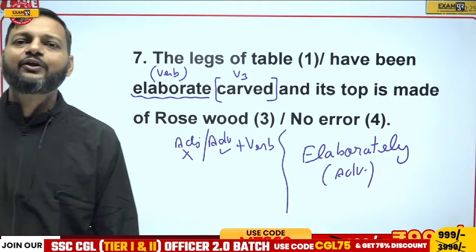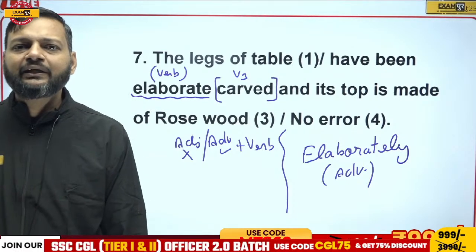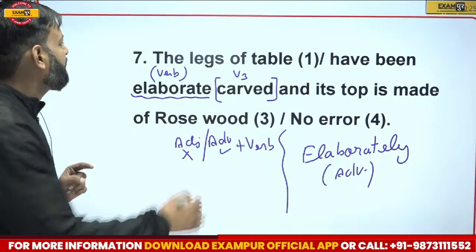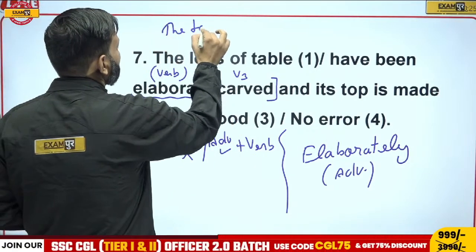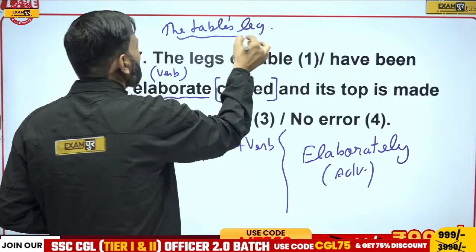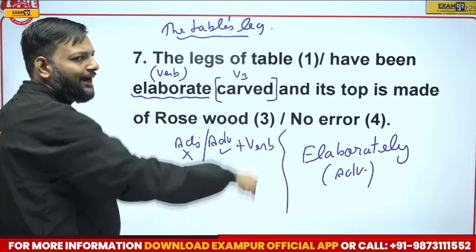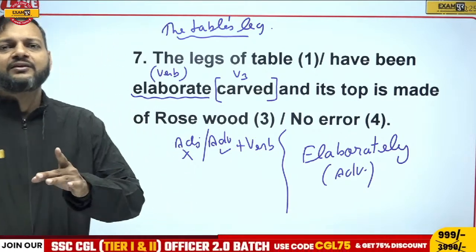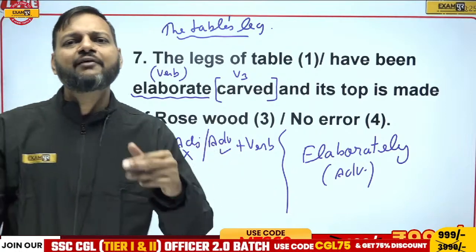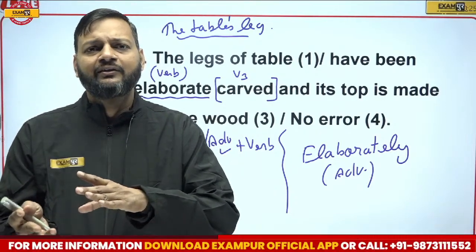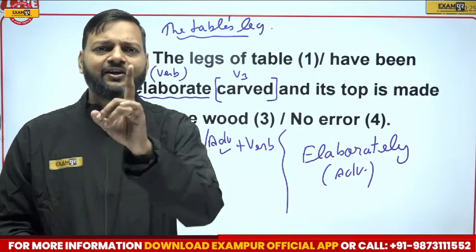Now those who said no error must be thinking that the question was the table's legs. I'm sure that this thing was in your mind. If I had asked the table's legs, you would have said, sir, table's legs is wrong. The legs of table is right. Error is in the first part.